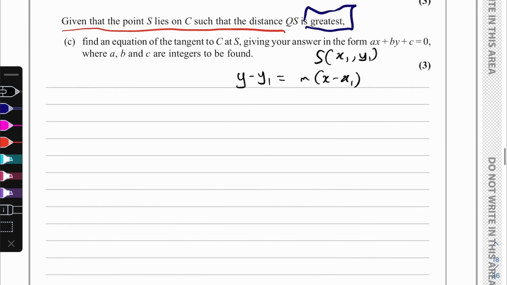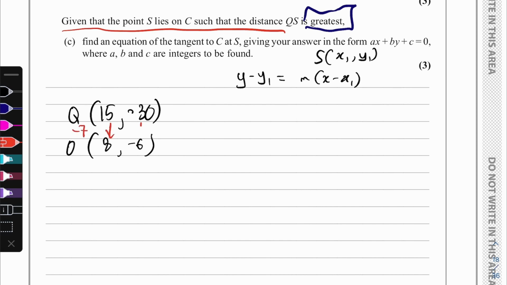So let's write that down. We know Q is 15, -30. We know the center O of the circle is (8, -6). For the x coordinate, what's happening? We're subtracting 7. What about the y coordinate?